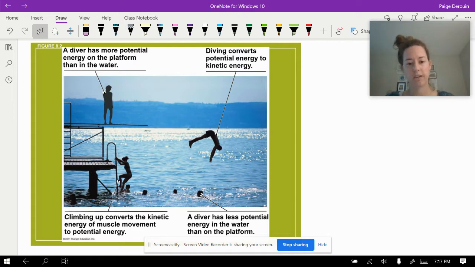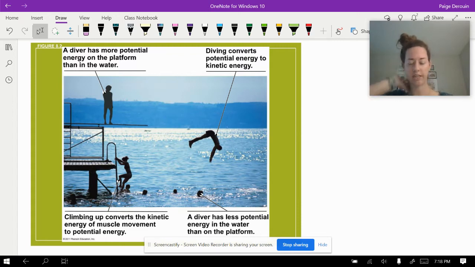Here's a fun little diagram showing different energy moving around in this lake. You have the diver on the top. He has a lot of potential energy because of his location. Being above the water gives him potential energy. As the person is diving into the water, they're converting their potential energy into kinetic energy. So the potential energy is decreasing and the kinetic energy is increasing.